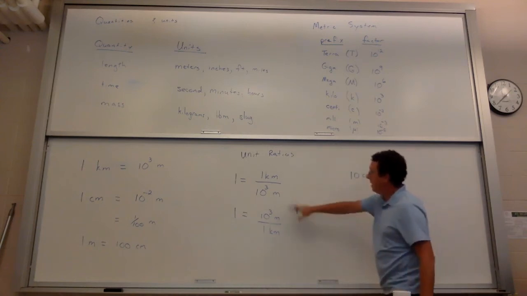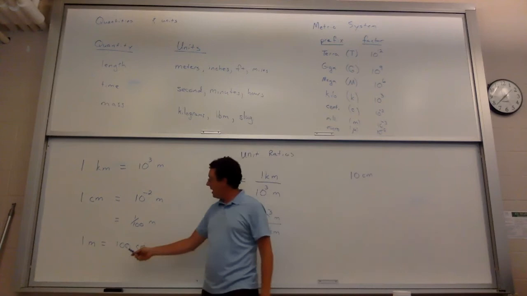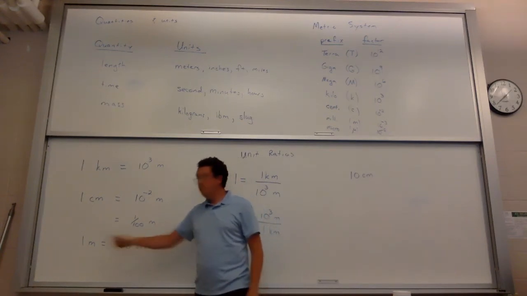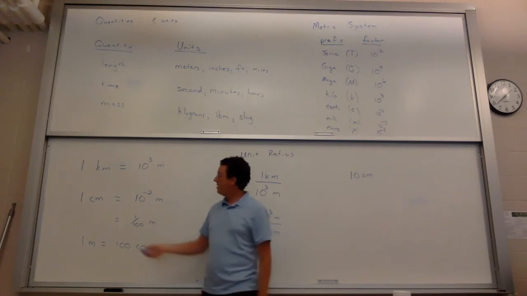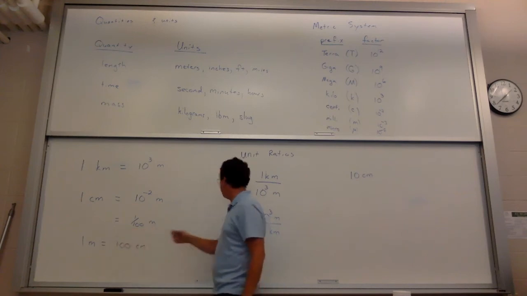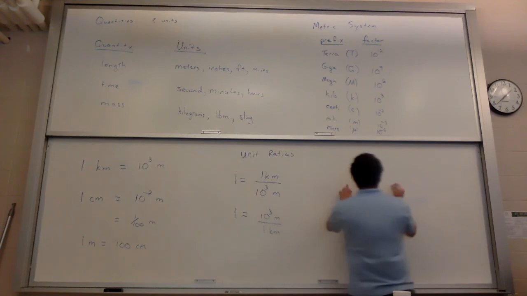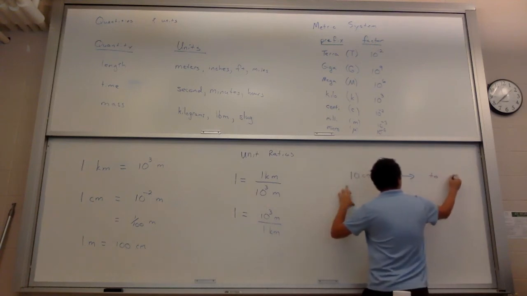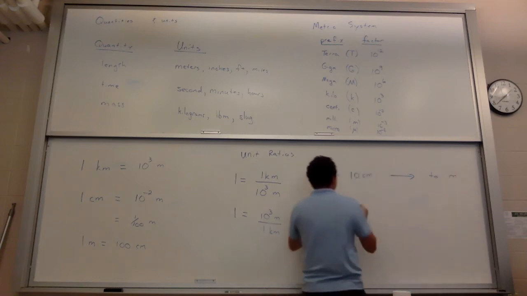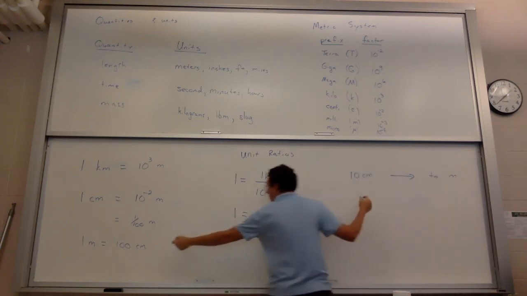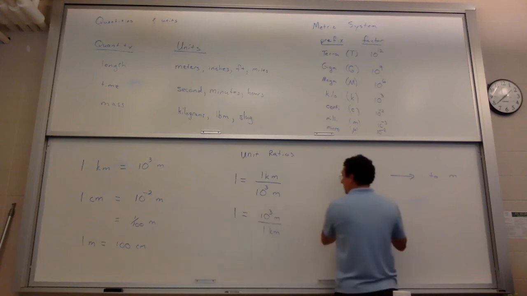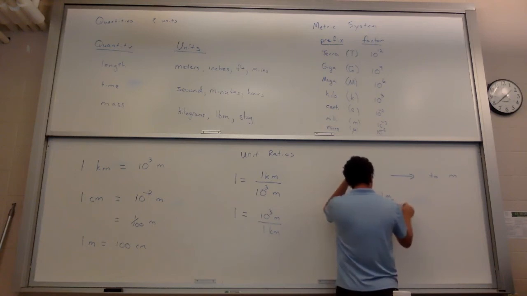I can divide, and I can either say 1 equals 100 centimeters divided by 1 meter, or I can say 1 meter divided by 100 centimeters. Let me write those. So the goal is to convert this to meters. That's what I want. And my unit ratios that I can form using this fact are 1 equals 1 meter divided by 100 centimeters.